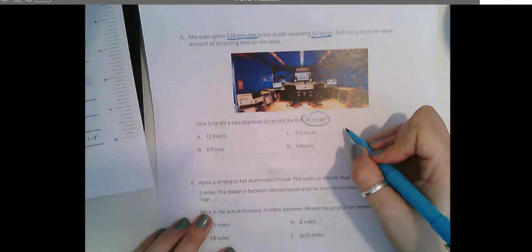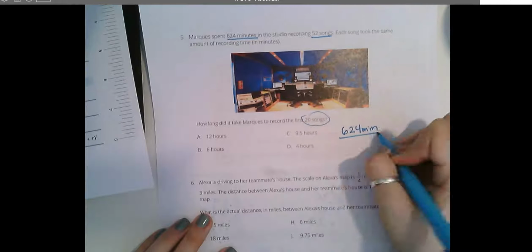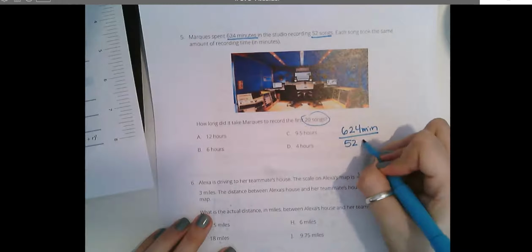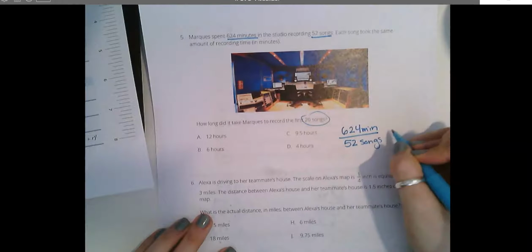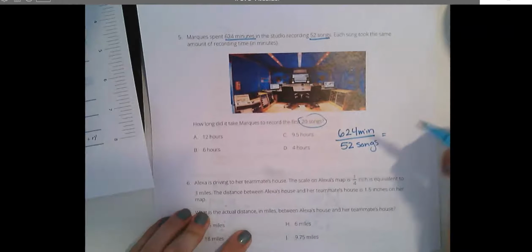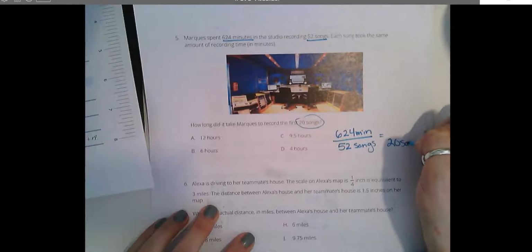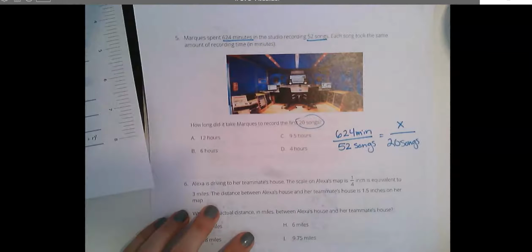I'm going to say 624 minutes to 52 songs is equal to, because it took the same amount of time for each recording of each song, some number of minutes that we don't know yet to 20 songs.